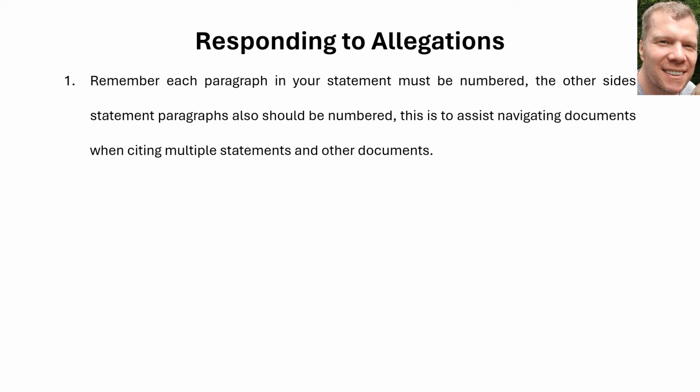The idea of that is to assist navigating documents when you're citing parts of a document or specific documents. So you can refer to paragraph numbers and page numbers and document references. It makes that much easier when professionals, including the judge, are trying to navigate what you're telling them in your statement and find the relevant evidence that backs up what you're saying.